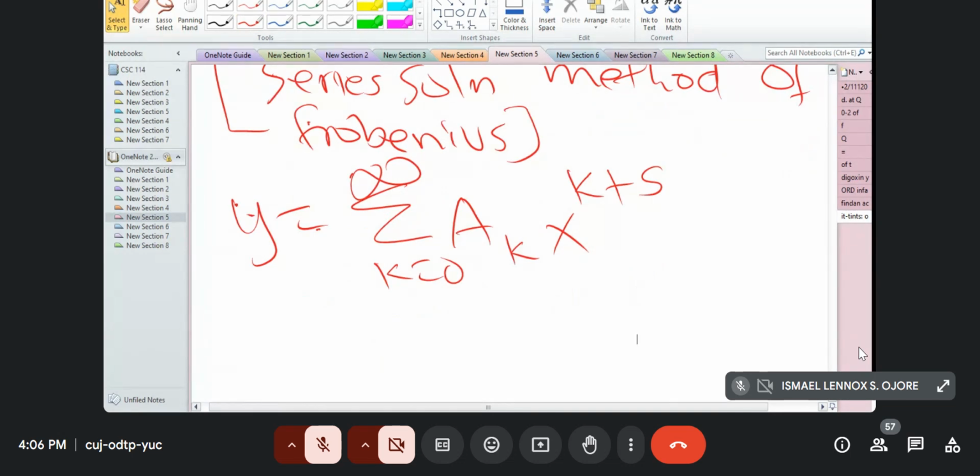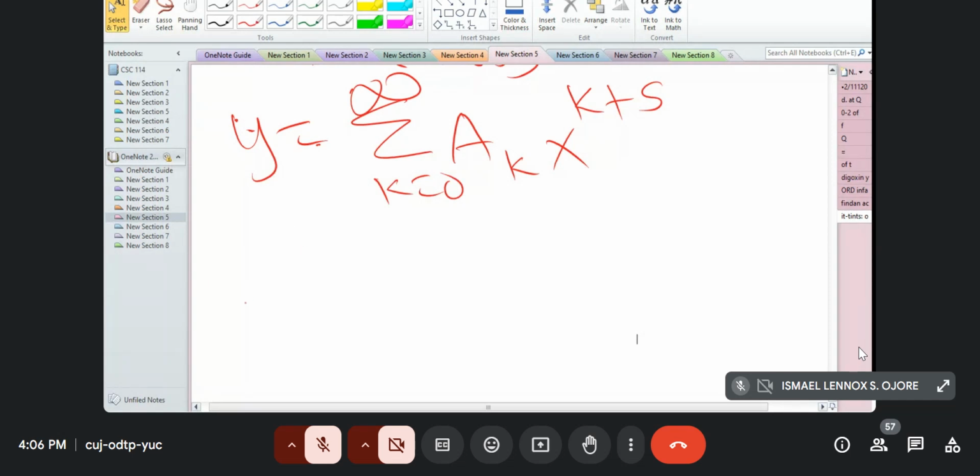To obtain them, we differentiate our function. So y prime of x will be the derivative of summation from k is 0 to infinity a_k x to the k plus s. Anything that doesn't have an x is treated as a constant, including the summation symbol. So we write the summation symbol as it is, summation k is 0 to infinity a_k.